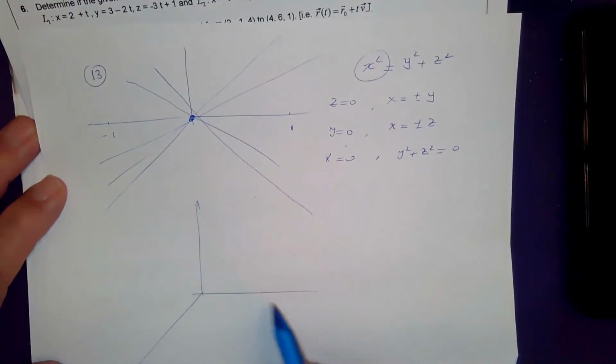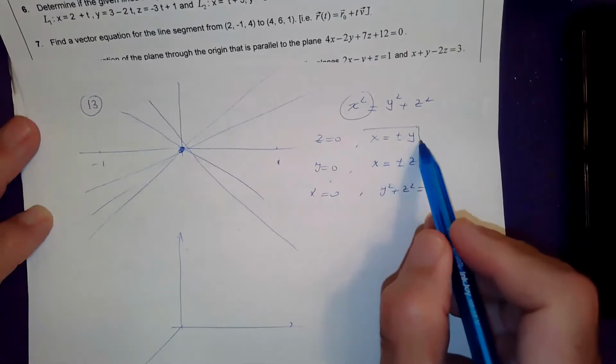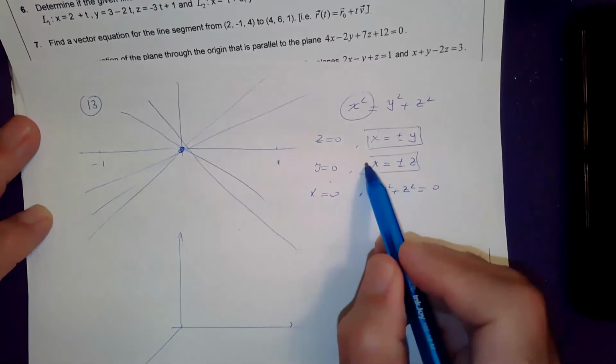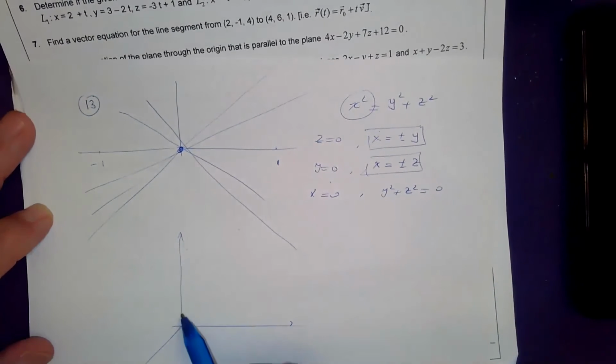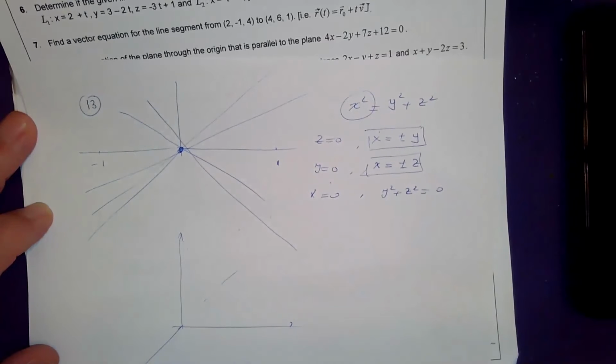So there it is. So you have two intersecting lines. Remember, these are intersecting lines passing through the origin, correct? So it's going to be something like this and something like this.